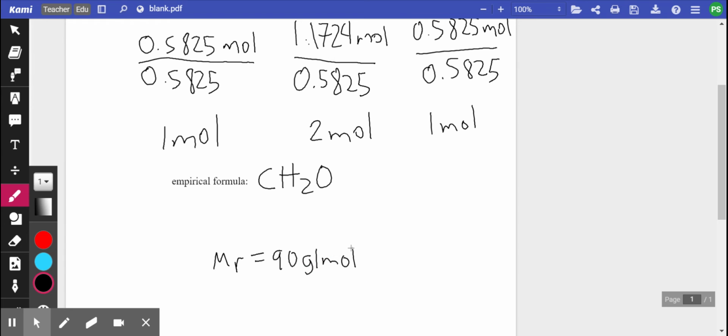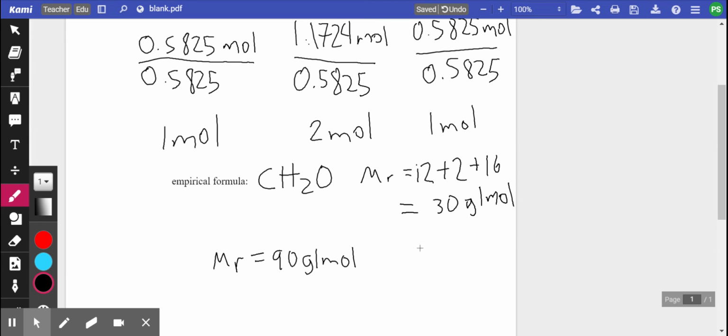What you need to do is find the MR of the empirical formula you calculated. Again, we take values from the periodic table: 12 for carbon, 2 hydrogens each one, so 2, and 16 for oxygen. This is in grams per mole, so we get 30 grams per mole.